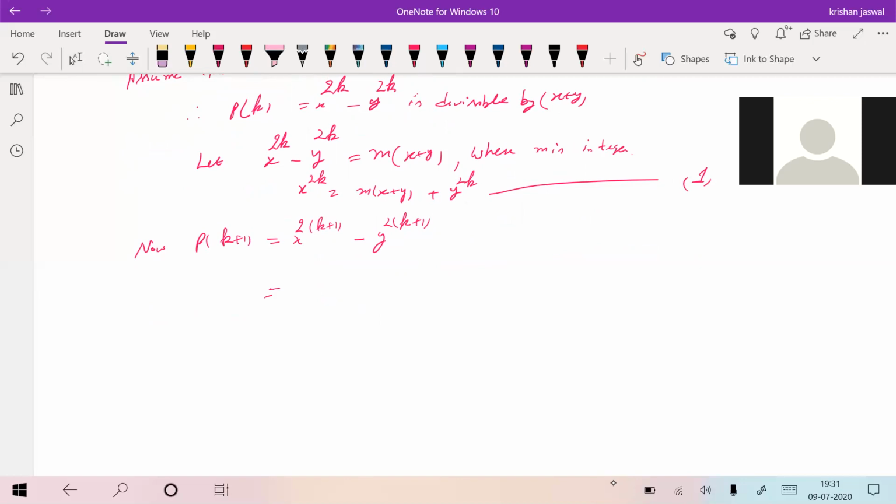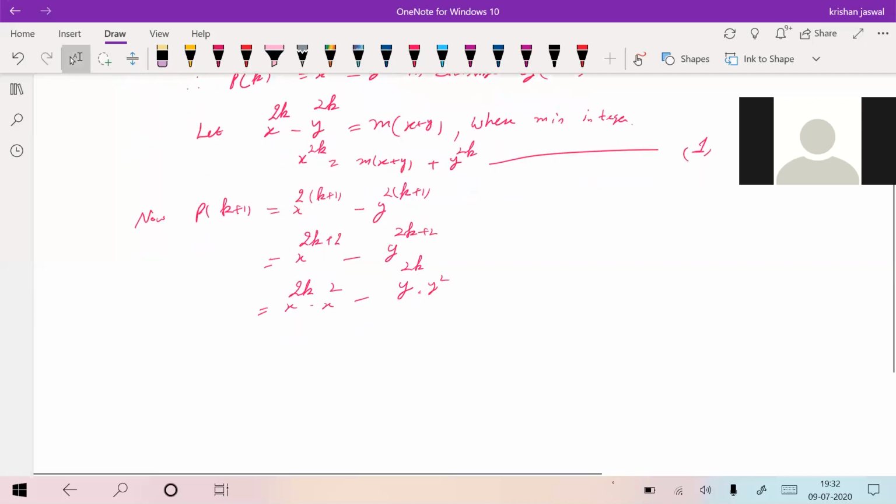Now we can write it as x power 2k plus 2, minus y power 2k plus 2, or we can write x power 2k into x square minus y power 2k into y square.